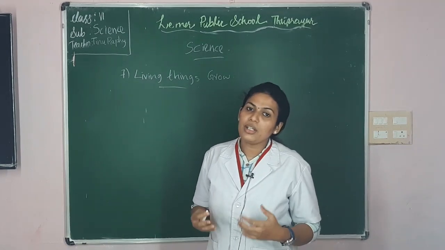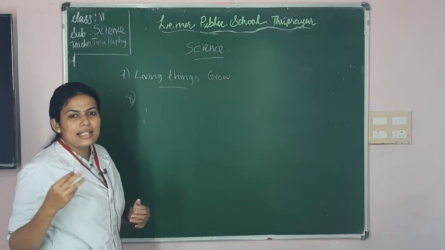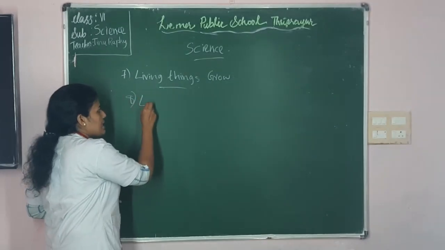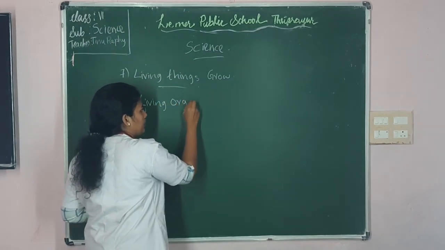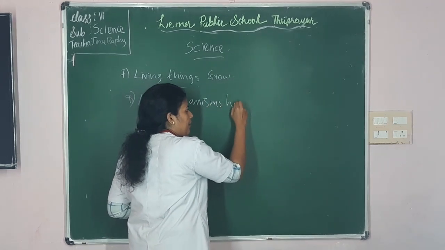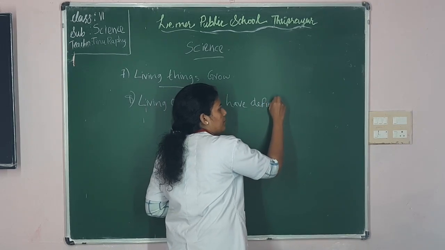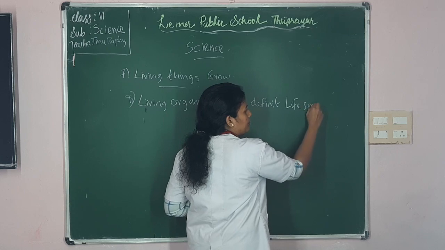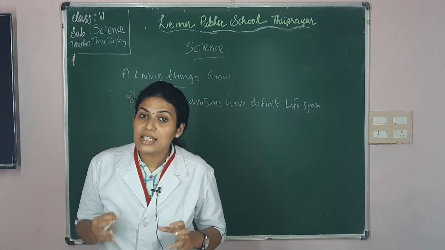Now the next property of living organisms is that living organisms have a definite lifespan.